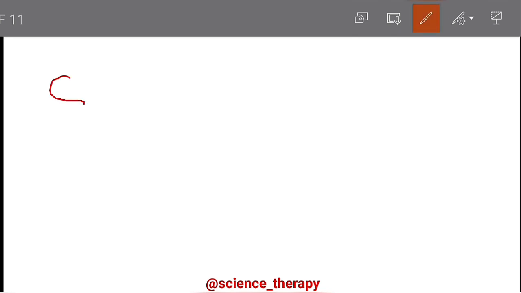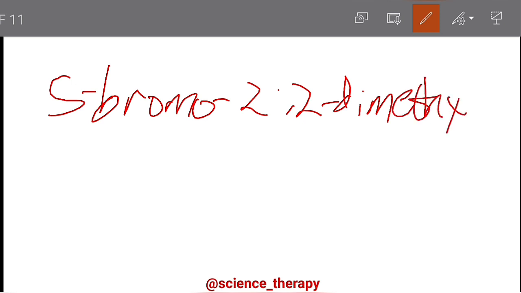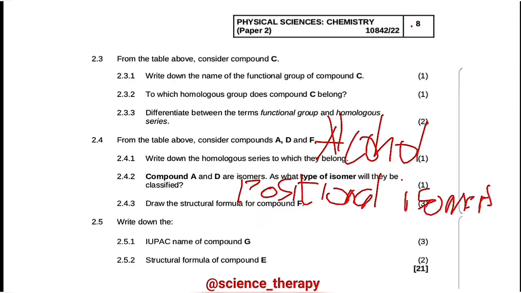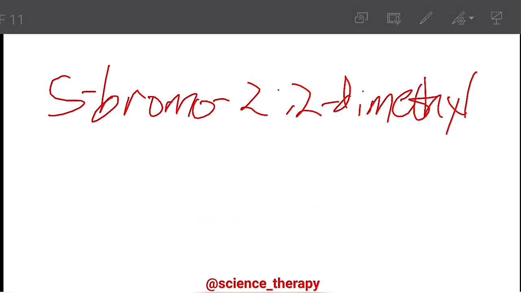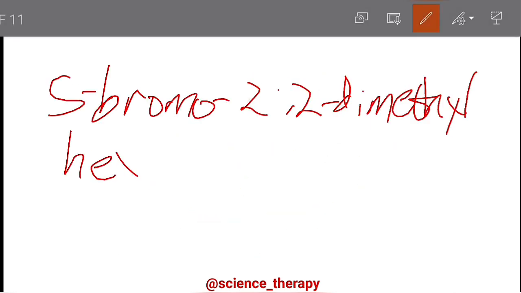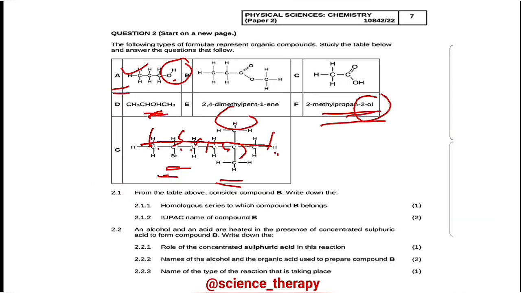So that's 5-bromo, and then we have 2,2-dimethyl, and then how many? For compound G we said 6, so it's dimethyl hexane, right? So 5-bromo-2,2-dimethylhexane. Awesome.